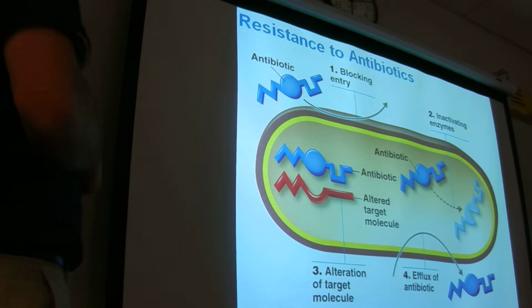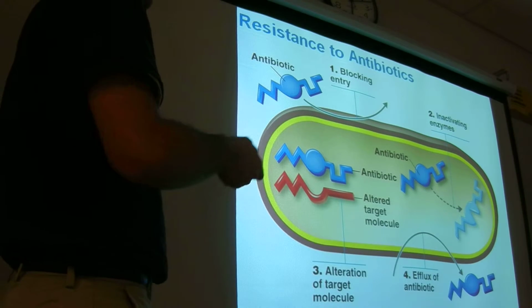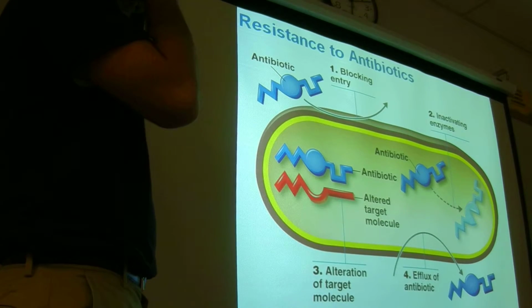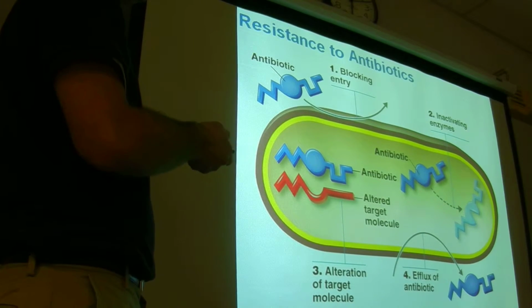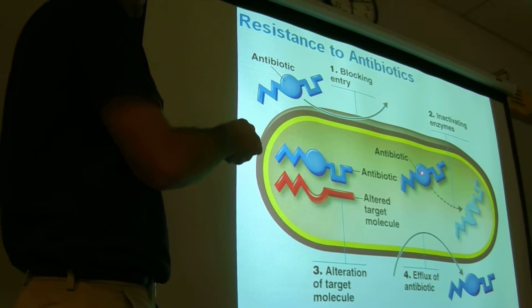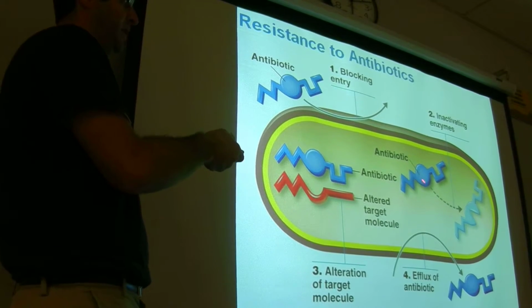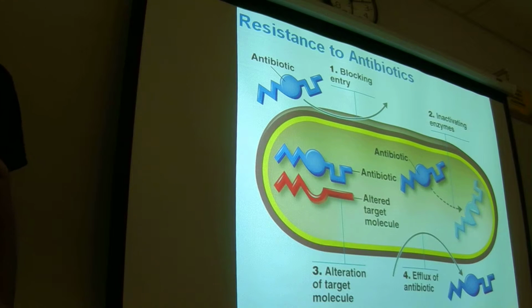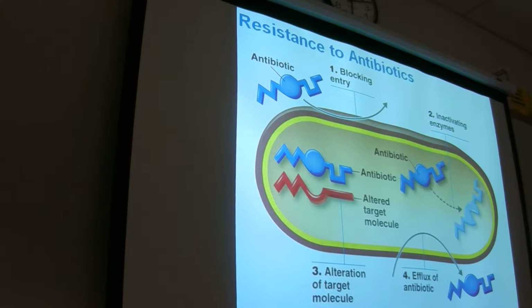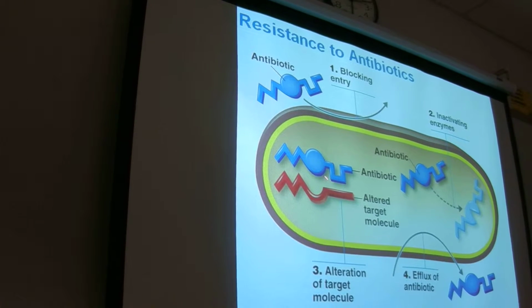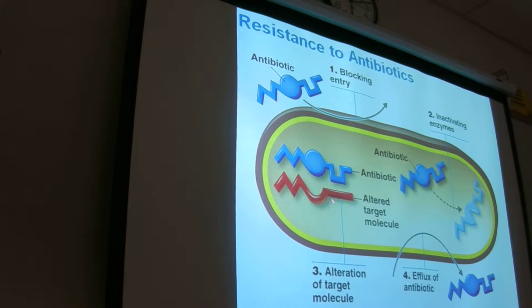Number 2, inactivating enzymes. So what that means is the bacteria has developed an enzyme. It now produces an enzyme that basically, once the antibiotic gets into the cell, chews up this antibiotic or cleaves it in a way that makes it inactive. So that's the second way. The third way is, let's say this antibiotic is directed against a certain enzyme within the bacterial cell.